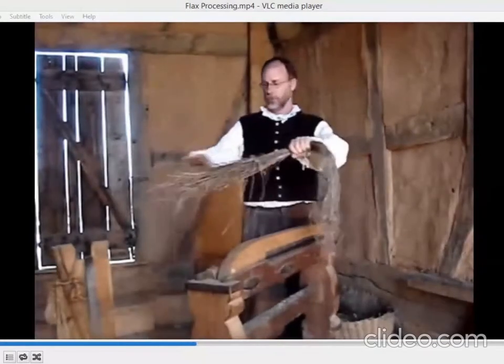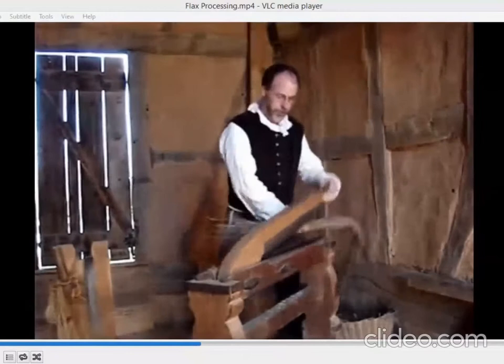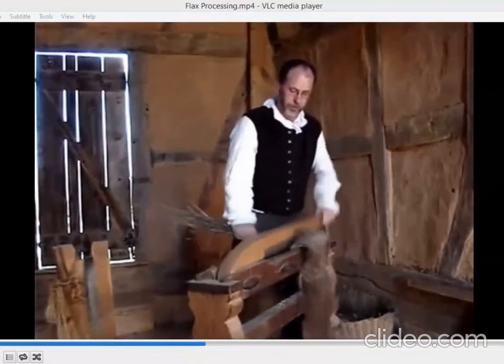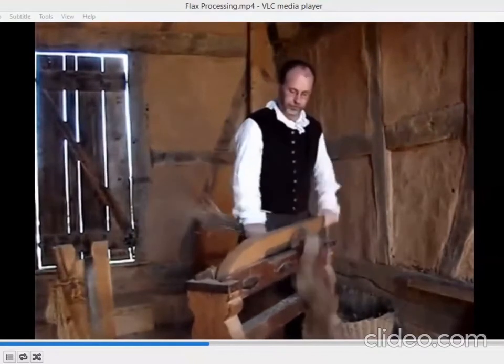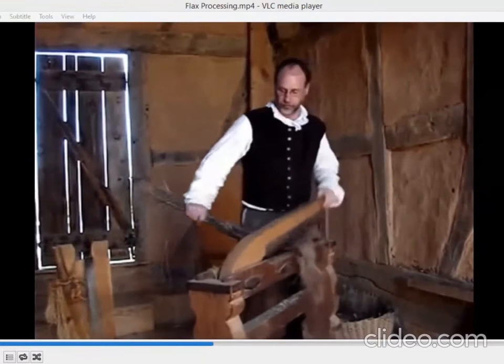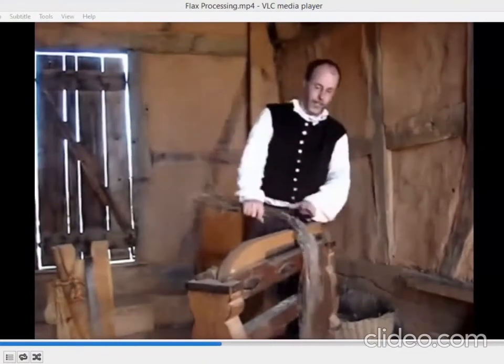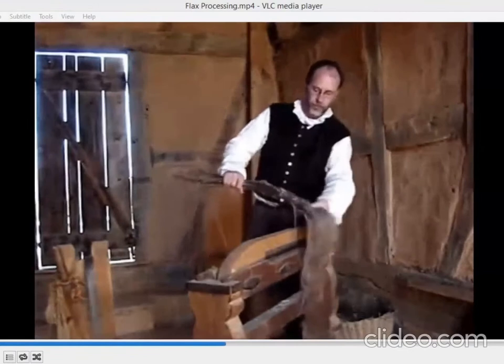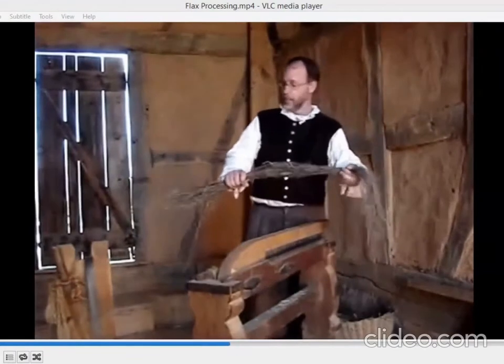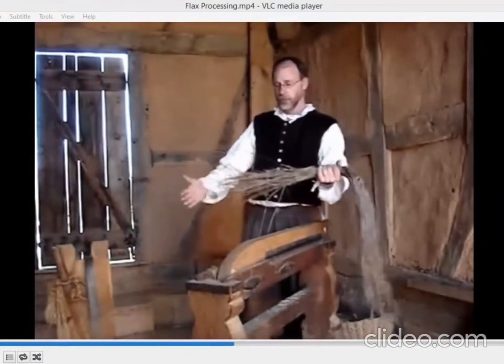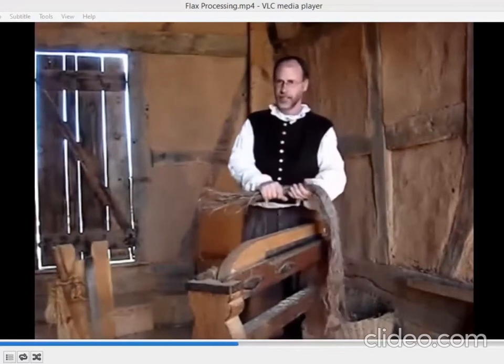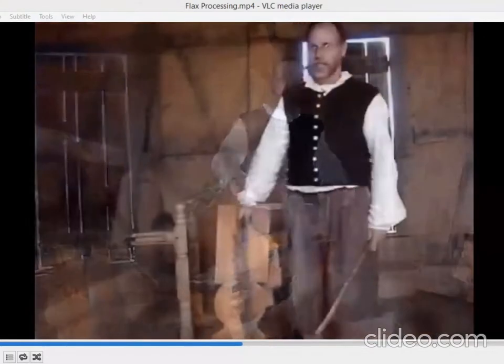We would keep working through the whole length of this to break up the entire bundle. That's breaking up well. After breaking the whole length of this, we would move on to the next step, which was the scutching.